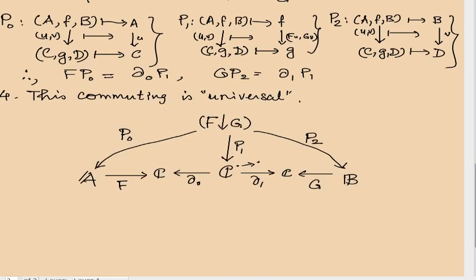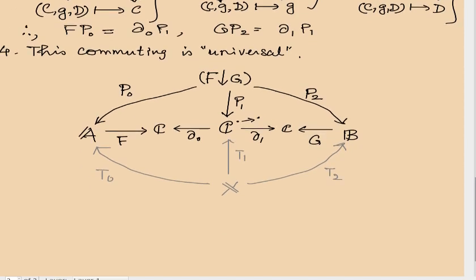Suppose we have another category, say X, and we have functors T0, T1, T2 such that F T0 is partial 0 T1 and G T2 is partial 1 T1.